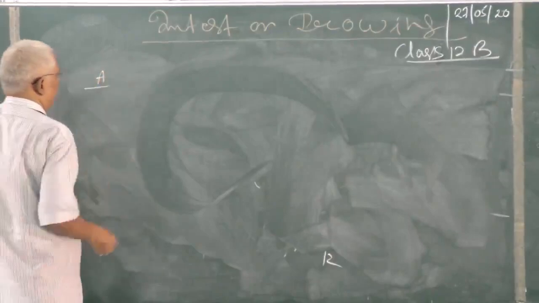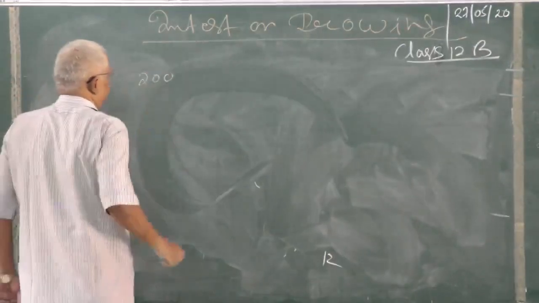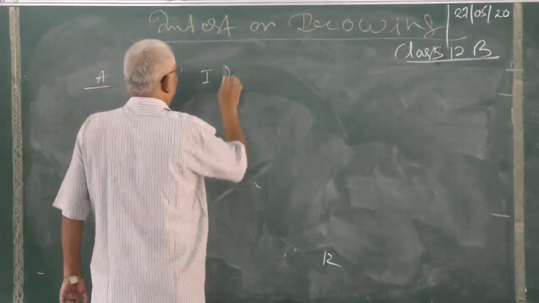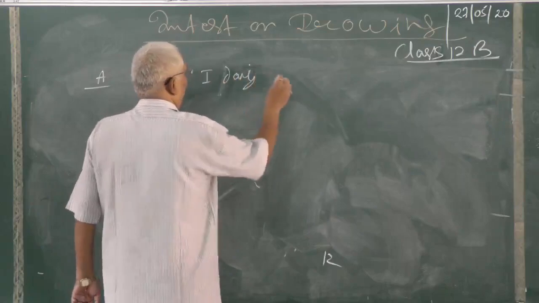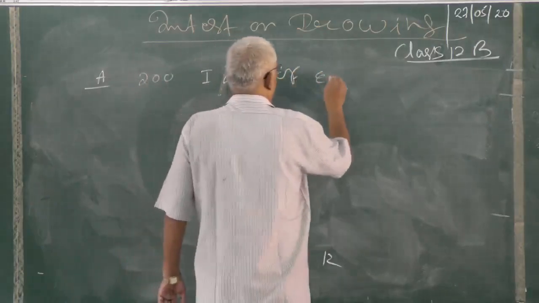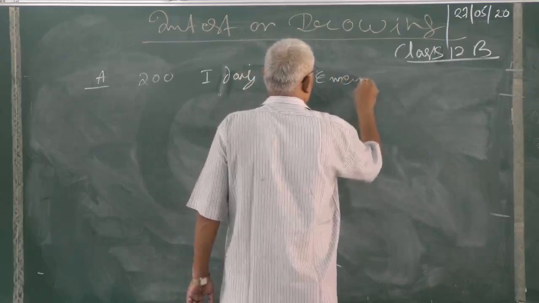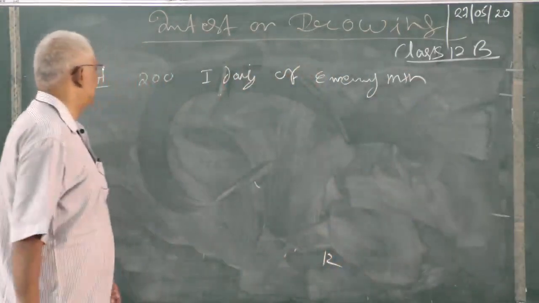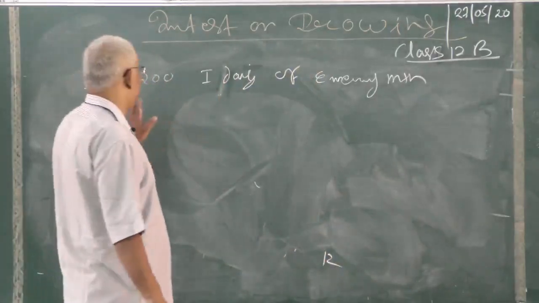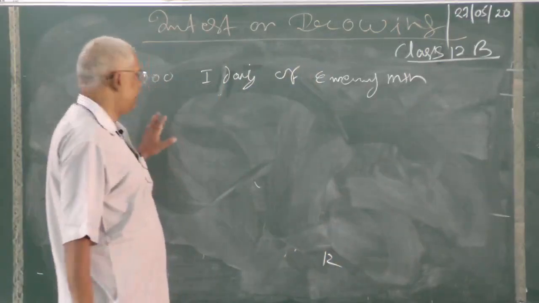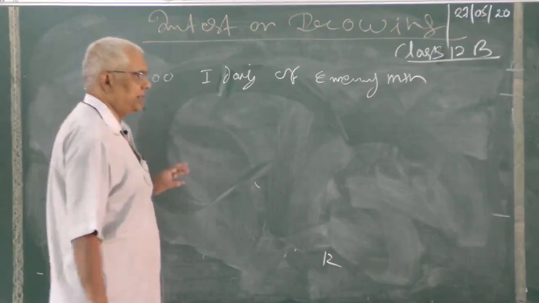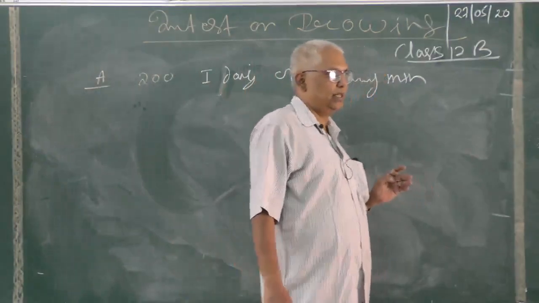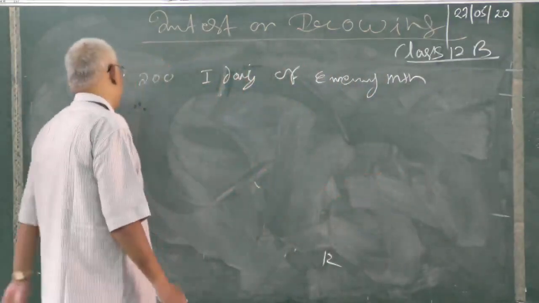A has withdrawn 200 rupees first day of every month. Every month means, let it be considered as a calendar year: 1st January, 1st February, 1st March, 1st April, 1st May, 1st June, 1st July, 1st August, 1st September, 1st October, 1st November.